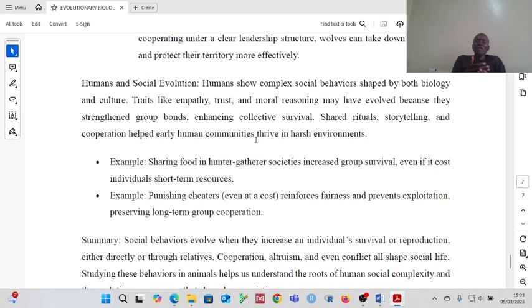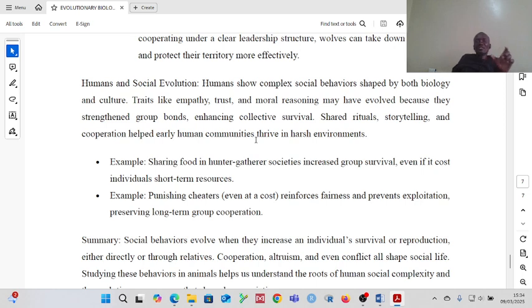Because mwenye amepata leo is not a guarantee kwamba utapata kesho. But there is a risk associated: by sharing what you've caught today, you are reducing your ability of having it tomorrow. You are giving it out with the hope that they will also get tomorrow and give it to you in return.